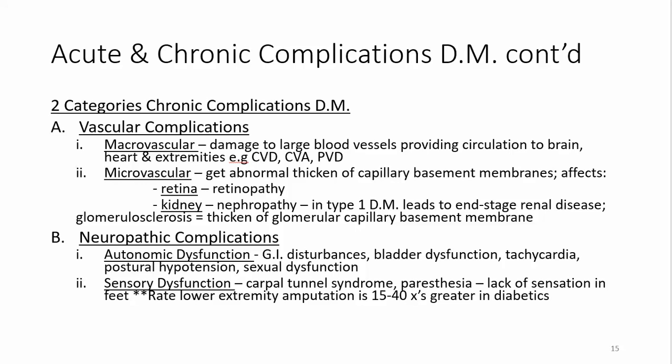Untended because they don't feel them, ulcers because of microvascular issues. Amputation is a very common way of dealing with this, and it's probably the leading cause of amputation in modern times.